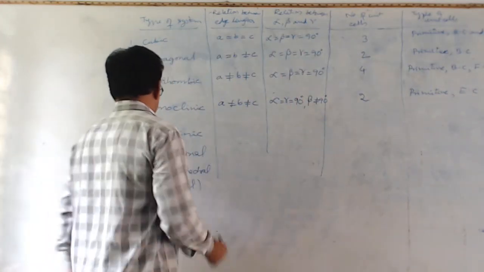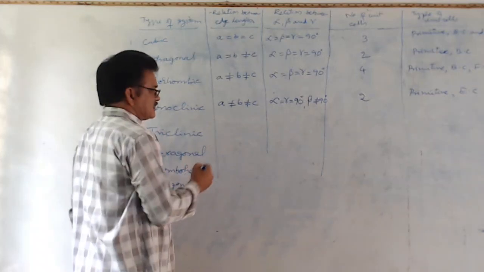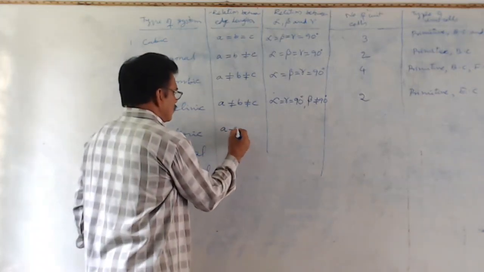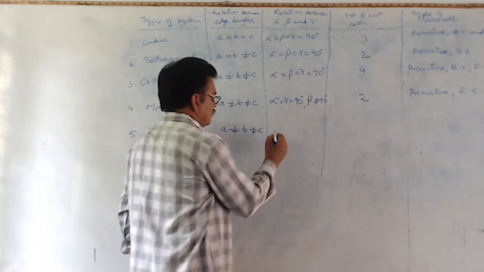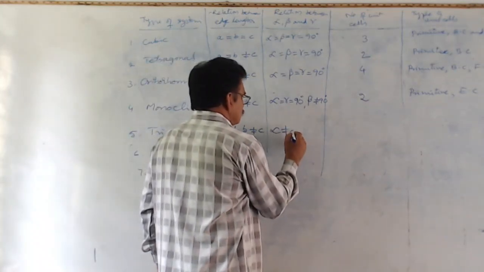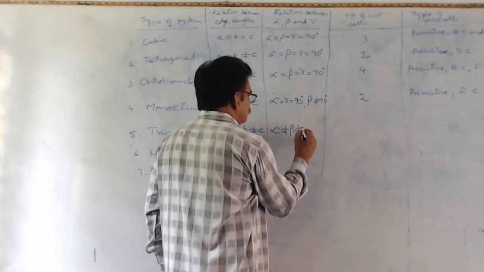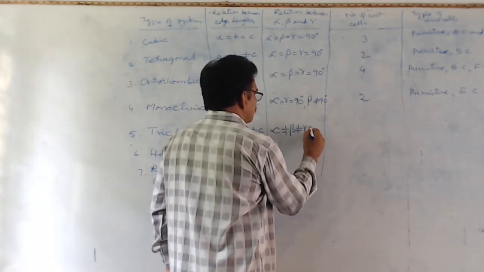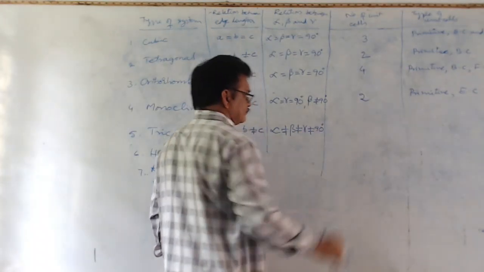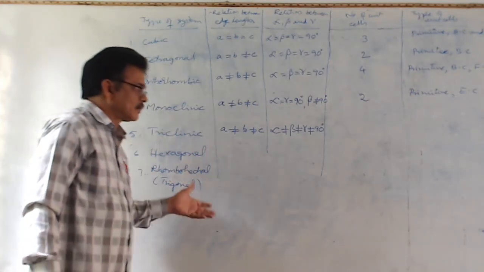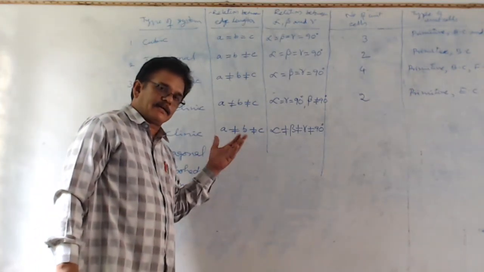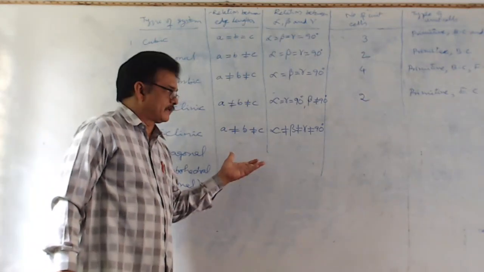Next, in the triclinic system, A is not equal to B is not equal to C, and alpha is not equal to beta is not equal to gamma is not equal to 90 degrees. So here the edge lengths are different and the interfacial angles are also different.